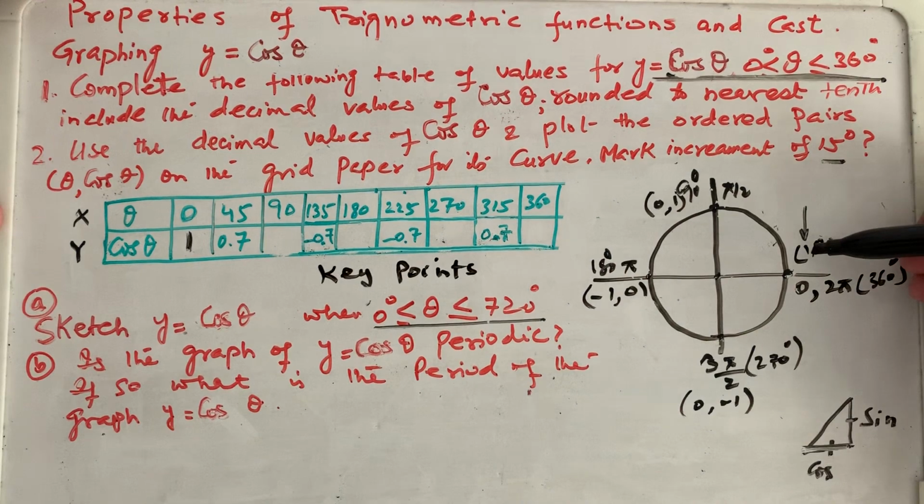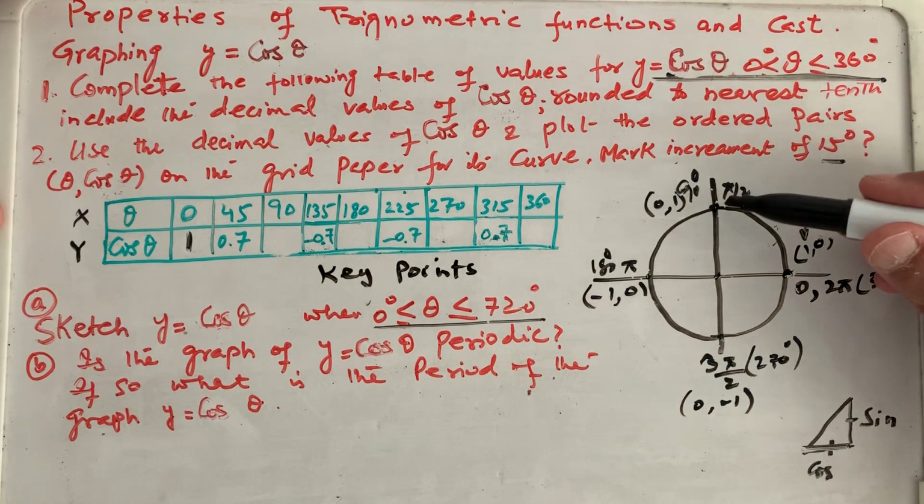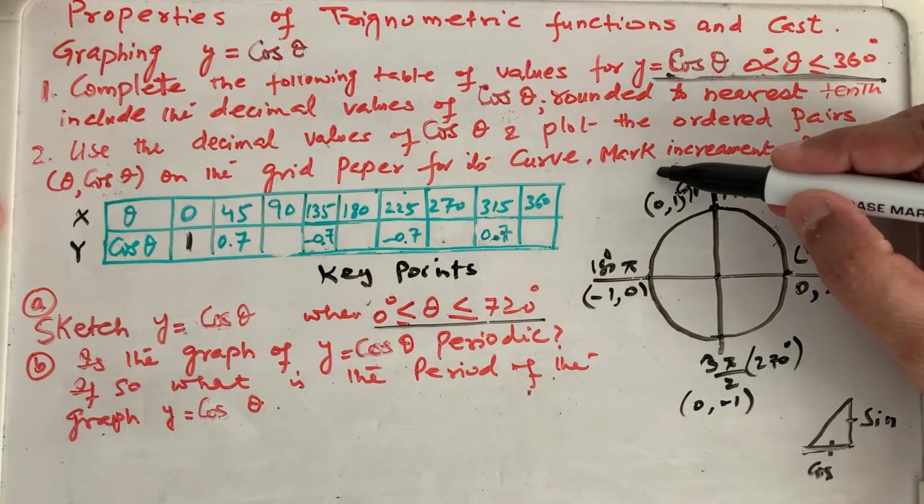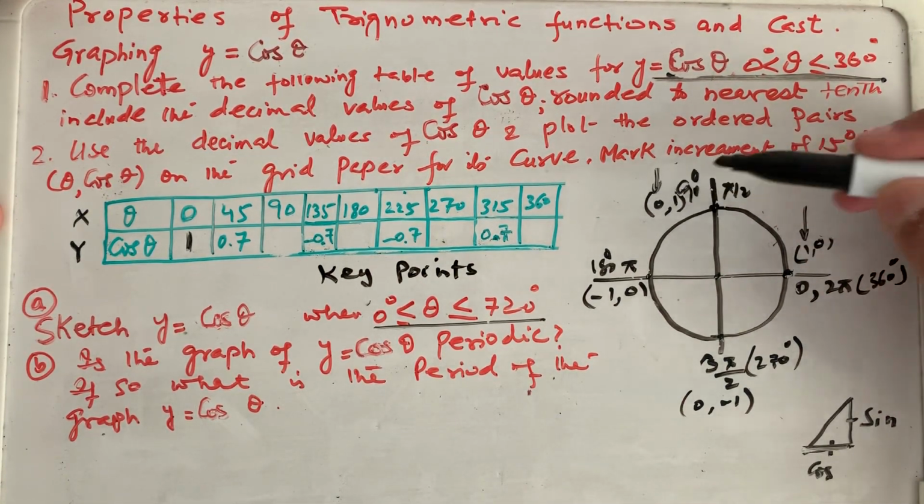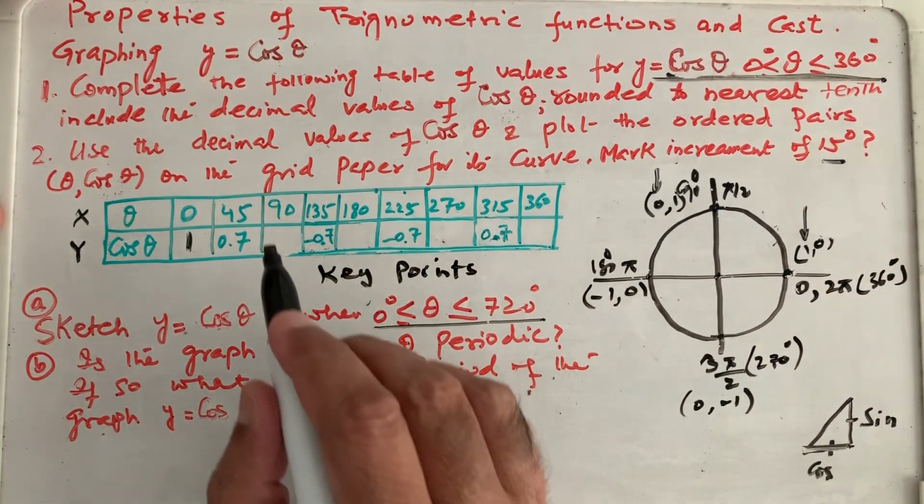So we take the value of the x-axis, the x coordinate of the ordered pair. It's 1 at 0, and at 90, what is the x component here? We have 0. So we will put it at 0.